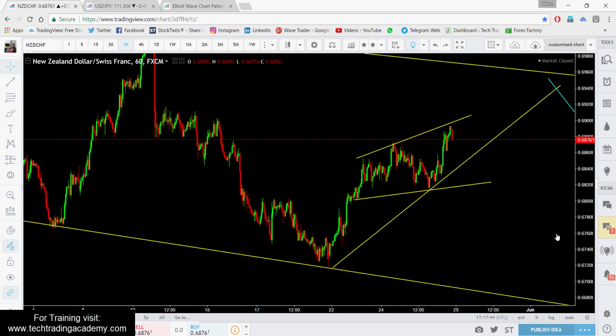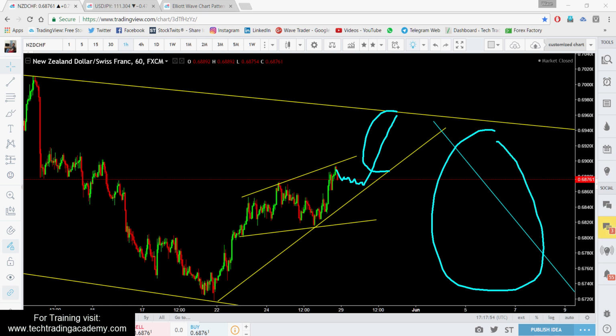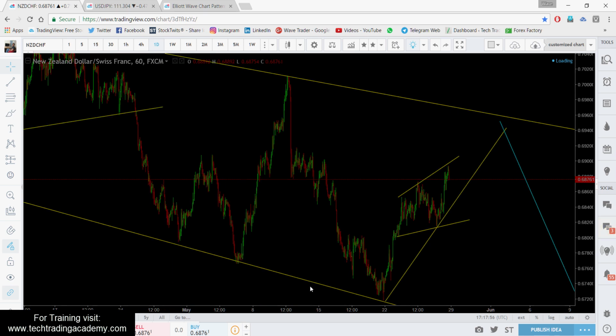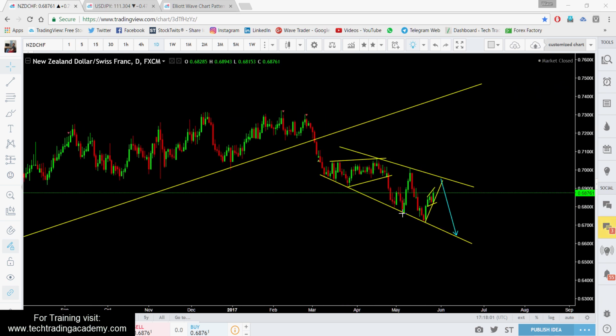This is a continuation pattern formation, so we still can push further to the upside. Not going to trade on this. We're going to trade on this much potential. You fellows understand what I'm looking for on this pair. Once we see the bottom on this pair, without any doubt, we're going to look for this trade.